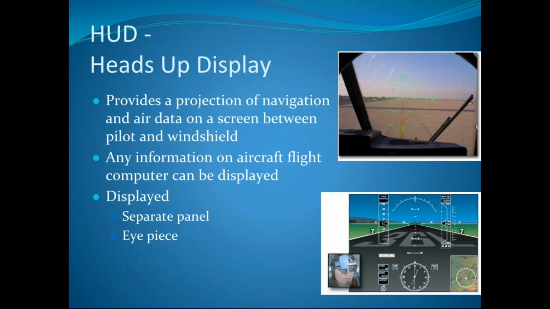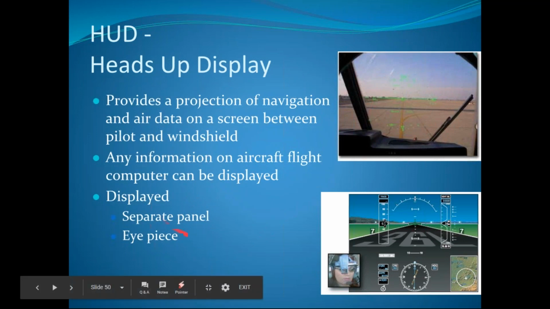Yeah, RMP, good stuff. This is a heads-up display. This is what allows pilots to do those Cat 3 landings. This looks like a military aircraft. This doesn't look like just a normal civilian airplane.